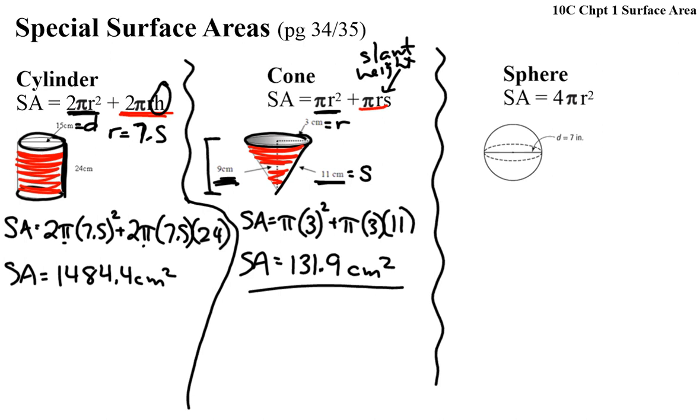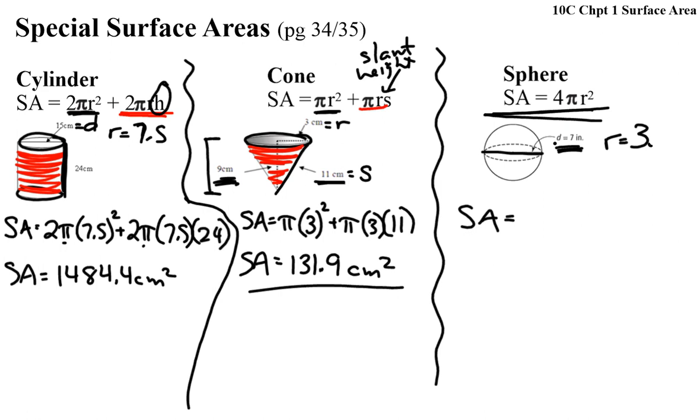Last special shape is a sphere. Because of its roundness, there really are no flat surfaces. The surface area of a sphere is 4 pi r squared. In this case, our 7 inches represents all the way across, and it says it's the diameter, which makes sense.